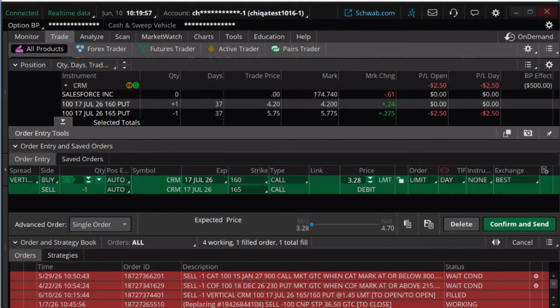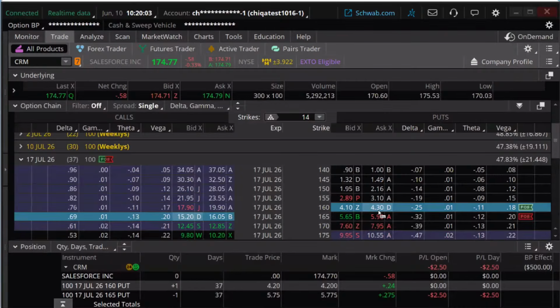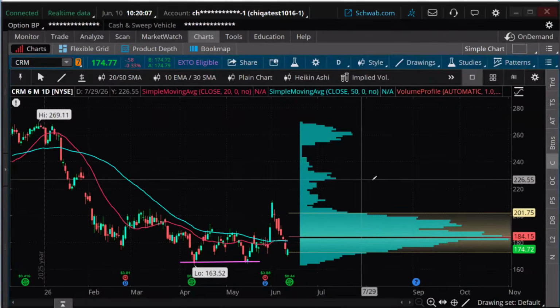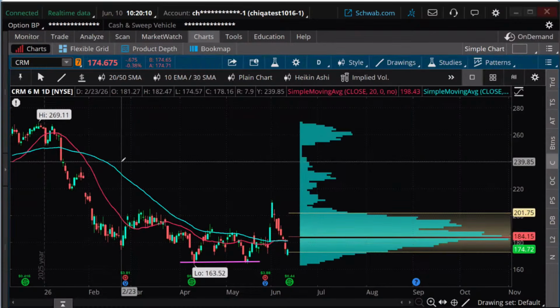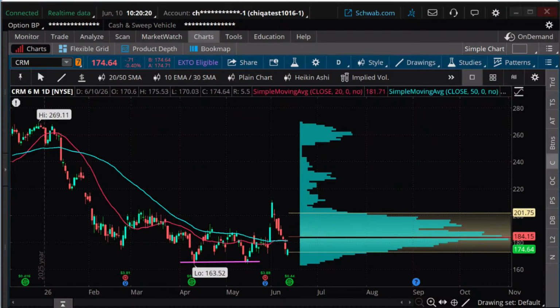So now let's look at a different scenario here. Instead of this kind of high probability scenario with Salesforce, what if we do one where, in that balancing act between probability and reward to risk, where we emphasized the probability before, we emphasize a little bit more of the reward to risk?